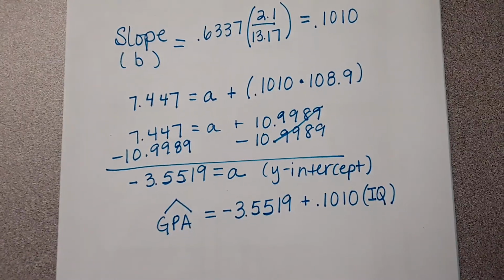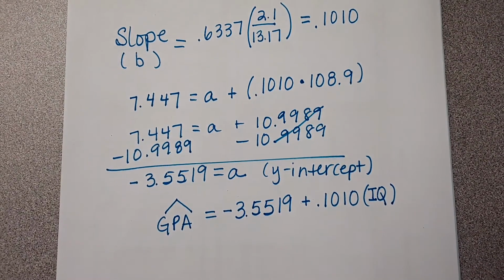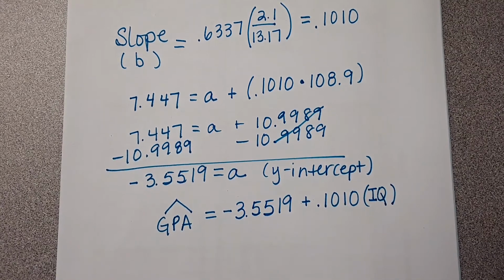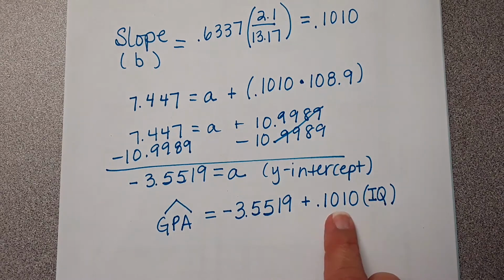But it's not sensible. First of all, GPAs are never negative. And can you have an IQ of 0? No. So in this problem, the y-intercept does not make sense. And sometimes that happens.